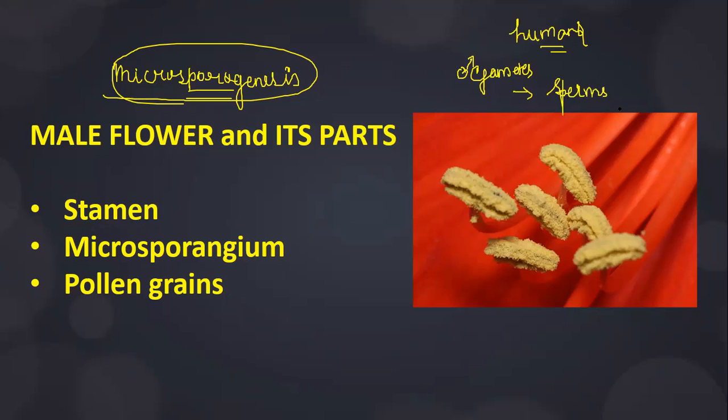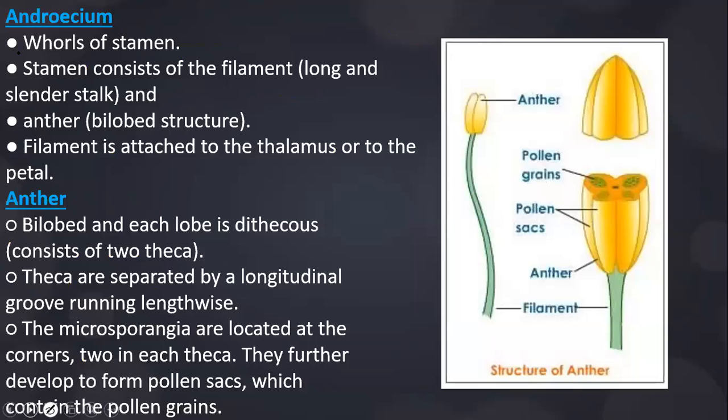So the process of formation of male gametes in human beings, you will call spermatogenesis. Since we are dealing with the botany module, we will be studying microsporogenesis.